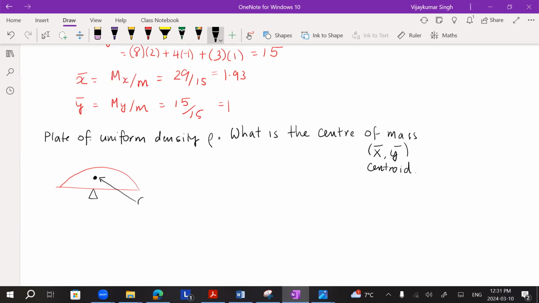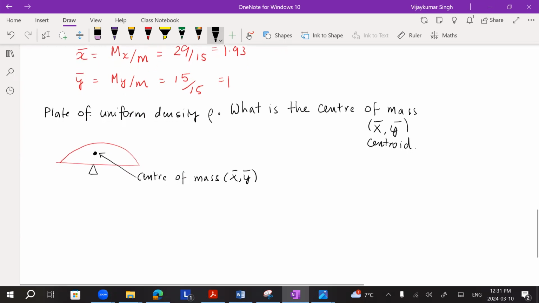This is my center of mass, also called the centroid. This is where our integration will come, because we have a continuous distribution. We don't have a discrete object. So let's try to deal with this. So we have the following.